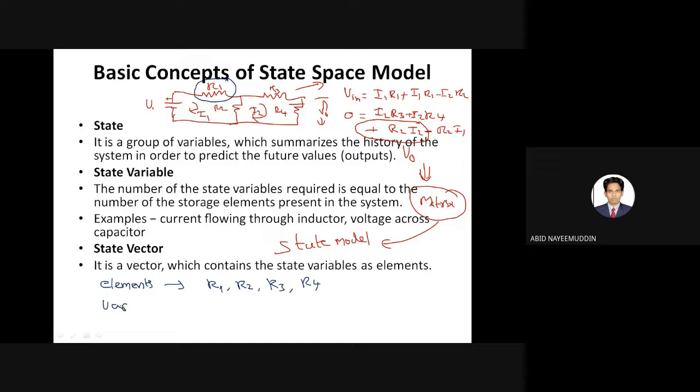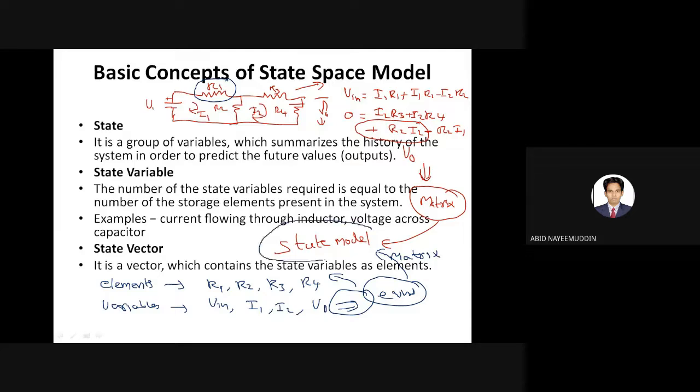Here Vin is the input variable, I1 and I2 are the variables, and V0 is the output variable. So writing the equations in these variables with these elements, and after writing the equations, writing those equations in matrix form, the resulting representation is known as the state model.